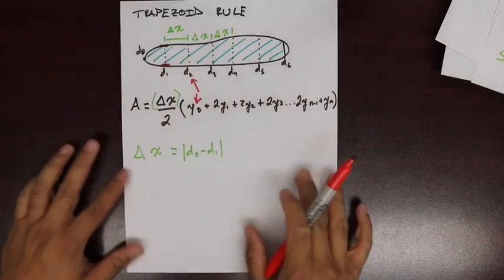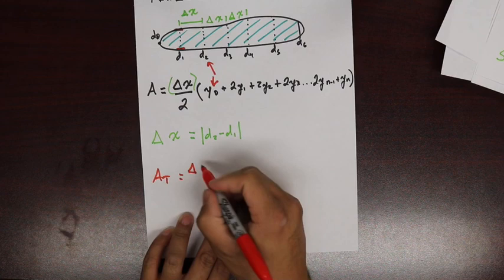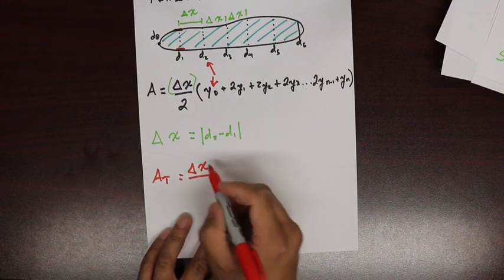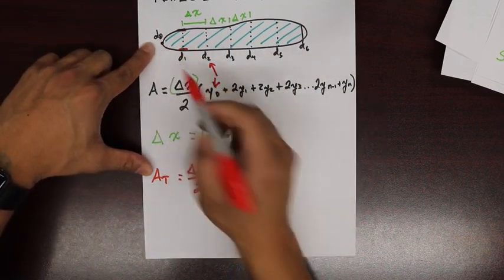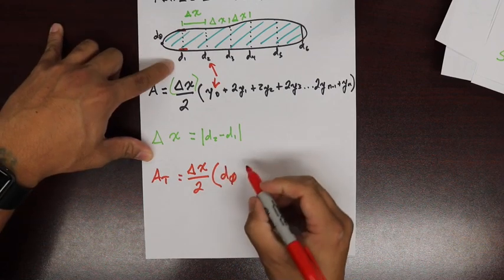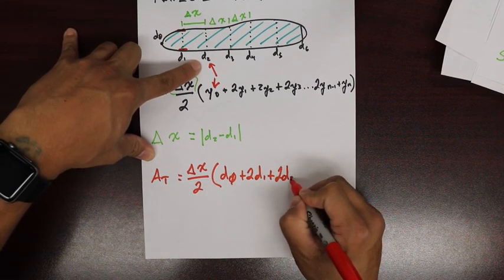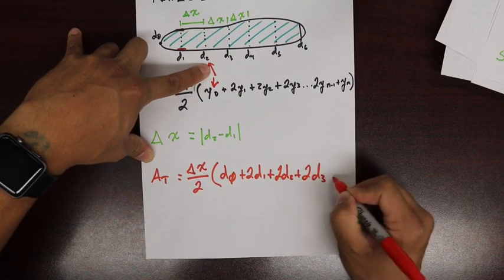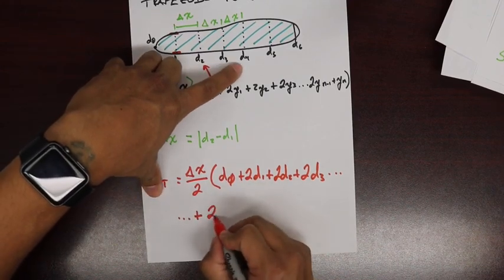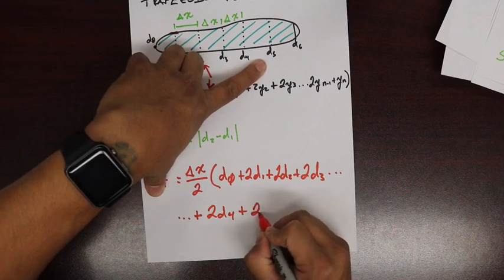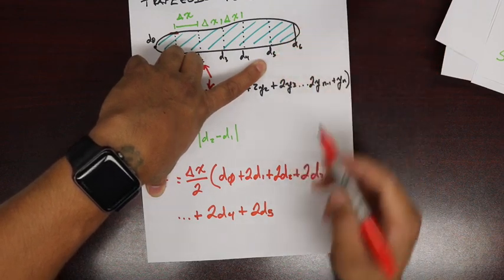So in this particular example, your total area is going to be a known value, typically given to you, delta x, divided by 2 times, replacing the y's with the d's, d0 plus 2d1 plus 2d2 plus 2d3, wrapping around, plus 2d4 plus 2d5, being your last value minus 1, so the next one over gets a 2.